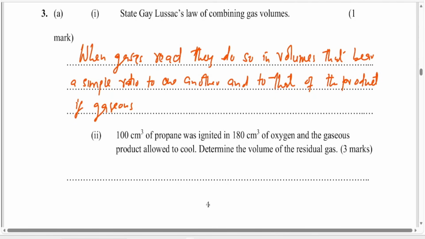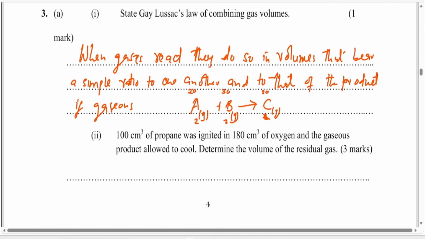So, for instance, if I have gas A plus gas B to obtain gas C, if I add 20 of this gas, 30 of this gas, and 20 of this gas, looking at the mole ratios in terms of their volumes, I can have 2 volumes of this gas, 3 volumes of this gas, and 2 volumes of this gas based on what I've been given.